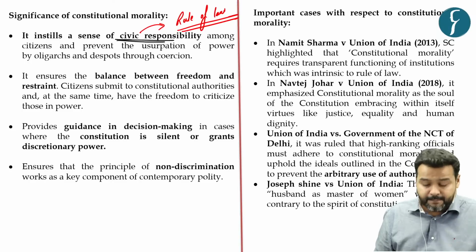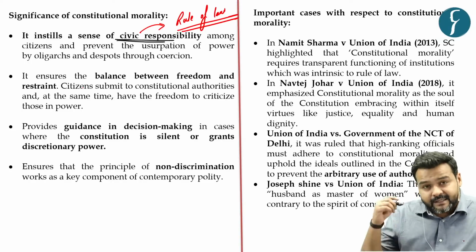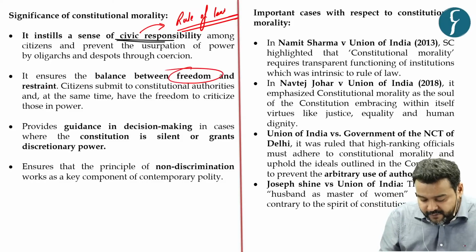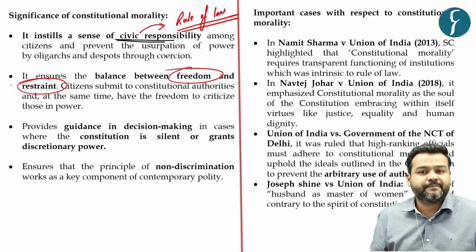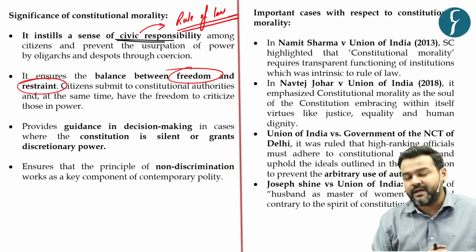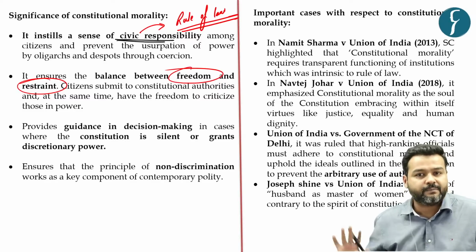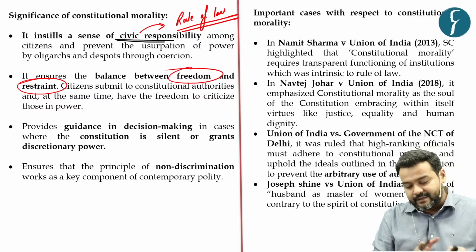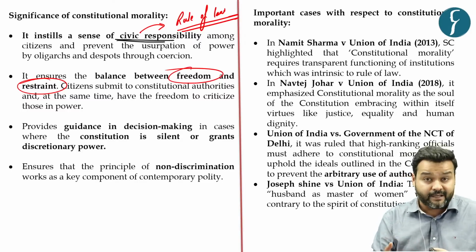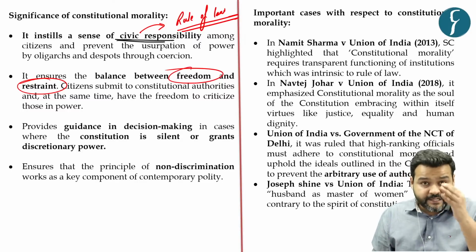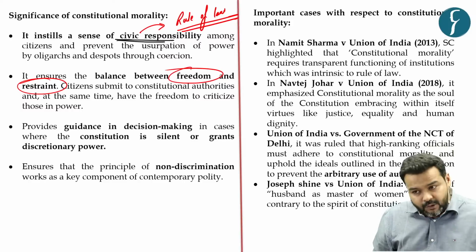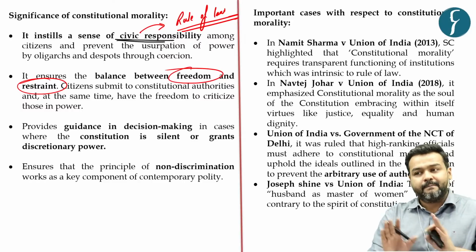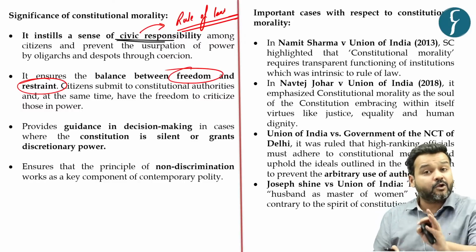Secondly, it is important because it strikes a balance between freedom and restraint. You have all the freedom to listen to music, but you don't have any freedom to disturb your neighbor. This is just a crude example to understand the balance between freedom and restraint. So it ensures that you have freedom, but it is qualified, not absolute.